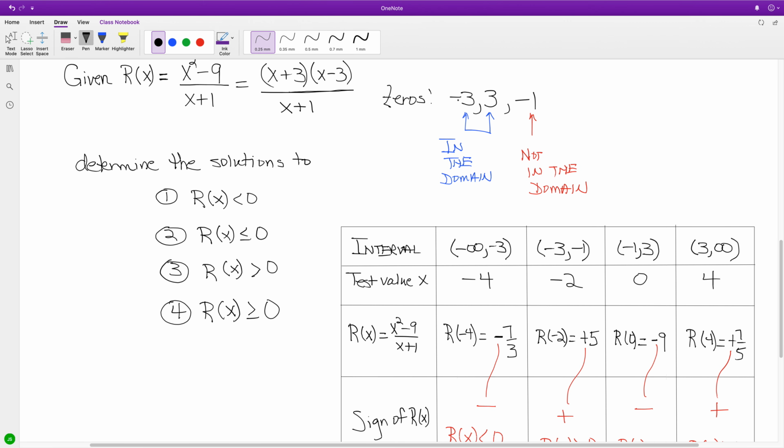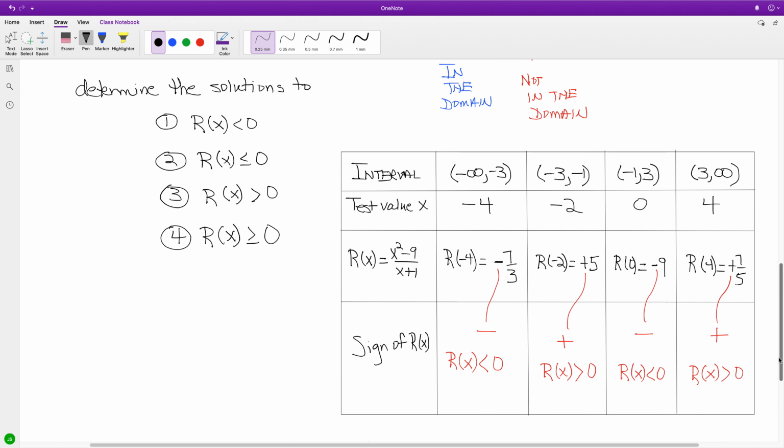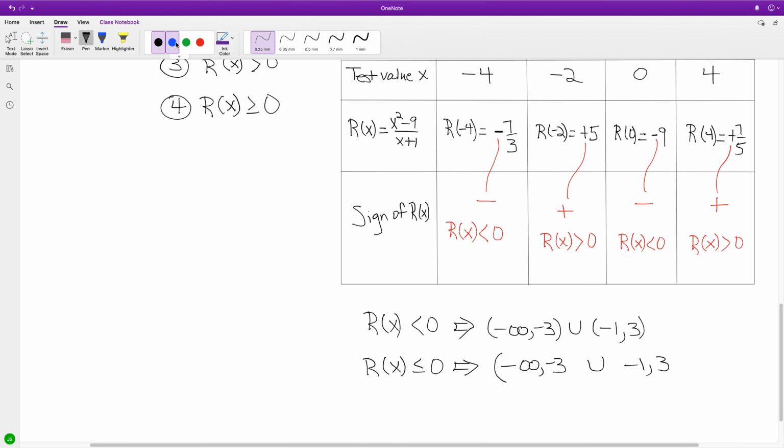Both -3 and +3 are in the domain, and for those inequalities where we have an equal sign, we can place brackets. But anything that is not in the domain, we still maintain the use of parentheses. So -1 is not in the domain, while -3 and +3 are in the domain.